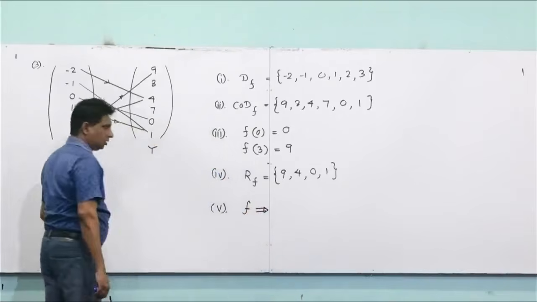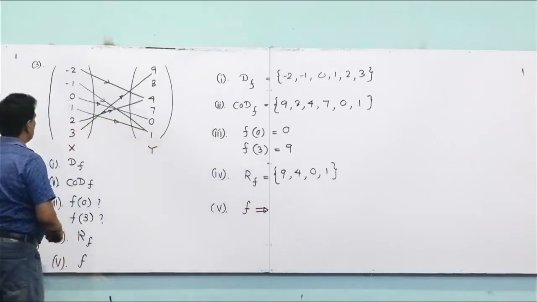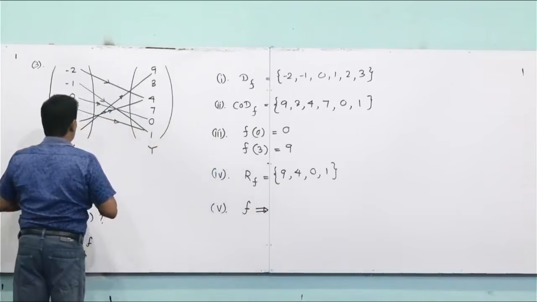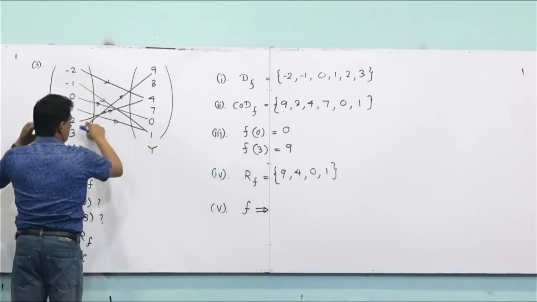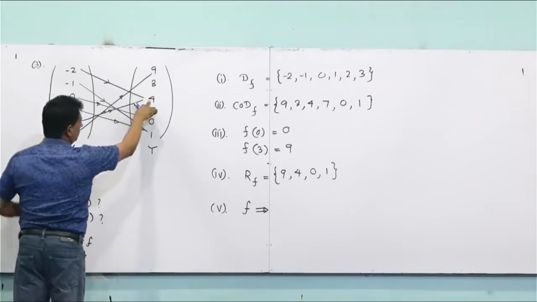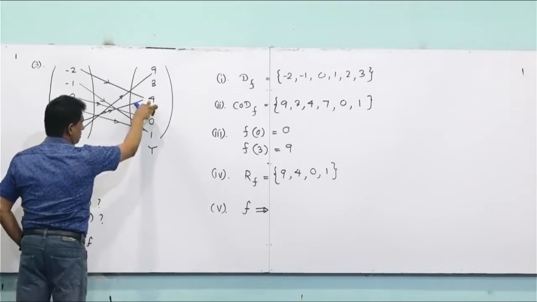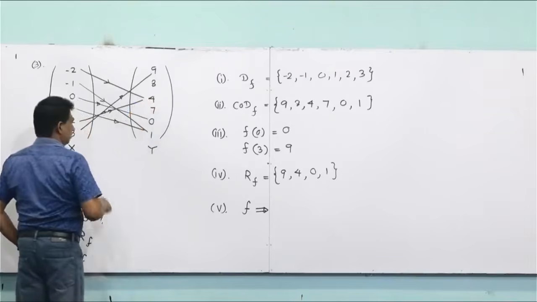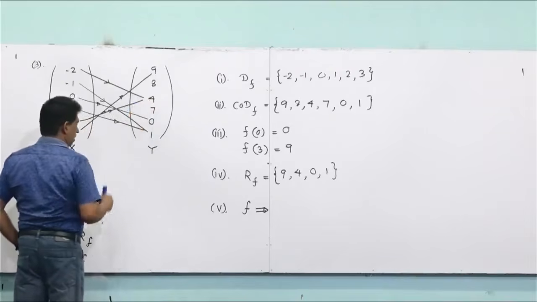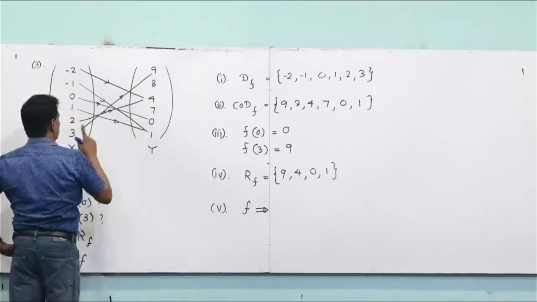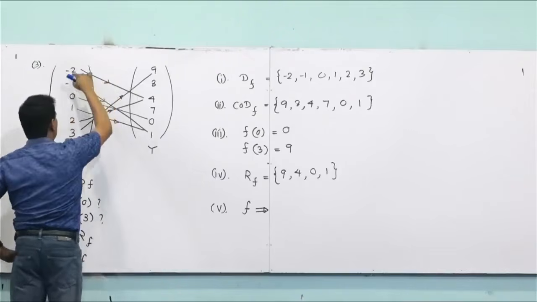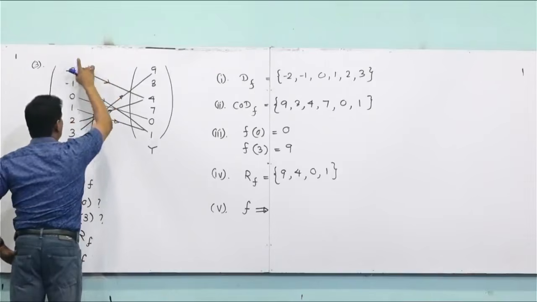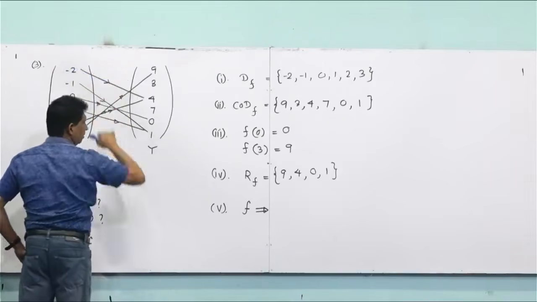Fifth one, function. Function means mathematical operation. So, by looking at -2 and +2 corresponding to one element of set Y, we have an idea how this can happen. Then we have to take this element's power, and that power should be an even number.